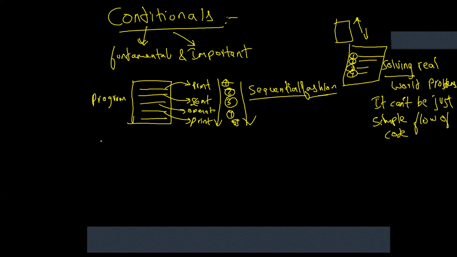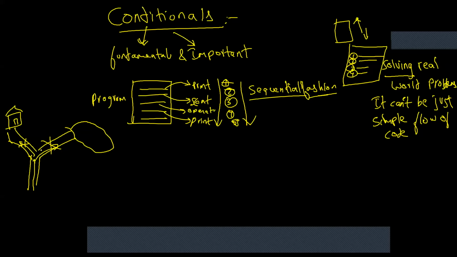For example, if there's a road and you have right and you have left to go, you need to make a decision about what to do. If your house is on the left side and the playground is on the right side, and you're feeling sleepy, you don't want to play, you will go left. Or if you want to play and you don't want to go home, you'll take the right. So at every point in your life you'll be making some decisions.